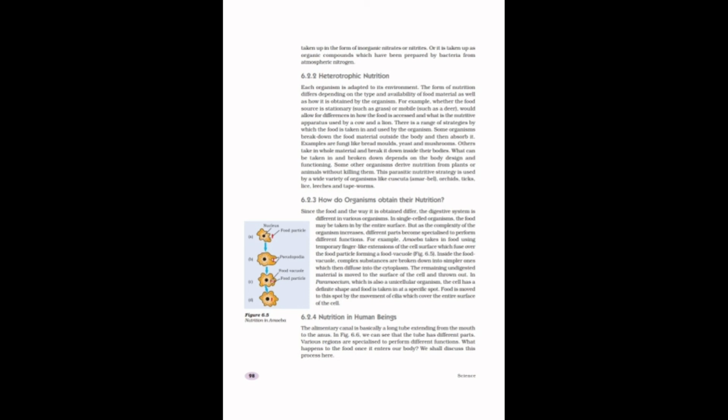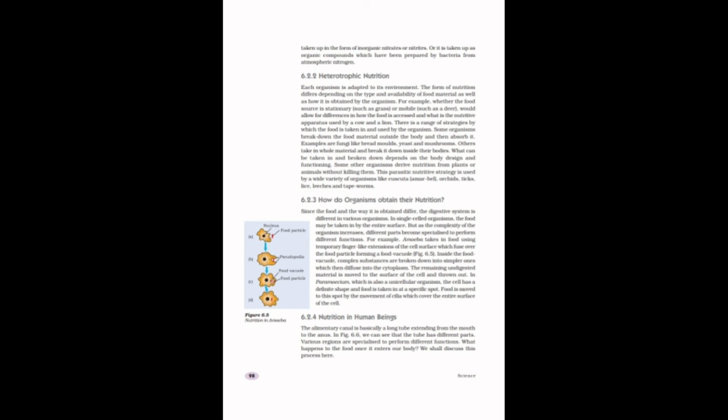6.2.3 How do organisms obtain their nutrition? Since the food and the way it is obtained differ, the digestive system is different in various organisms. In single celled organisms the food may be taken in by the entire surface, but as the complexity of the organism increases, the different parts become specialized to perform different functions. For example, Amoeba takes in food using temporary finger-like extensions of the cell surface, which fuse over the food particle forming a food vacuole.